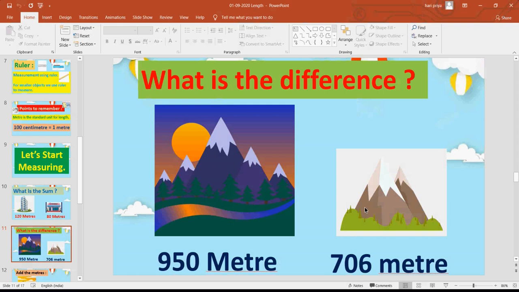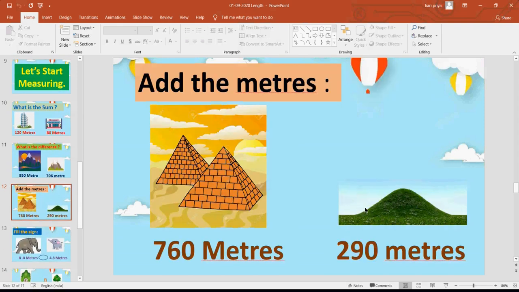Thank you so much. So the third question is, you are going to add the meters. You are just going to add it. The first one is 760 meters. So the first pyramid is 760.